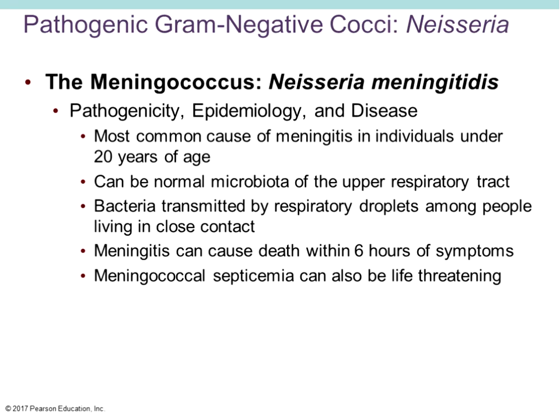For really young children, they may only have fever and vomiting. They don't necessarily have the convulsions. But it can cause arthritis and partial loss of hearing, and getting precipitously worse within 6 hours, it can be fatal. Meningococcal septicemia, or blood poisoning, can be life-threatening because it can trigger shock and blood coagulation in many of the organs, and it can cause petechiae, which are skin lesions on the body.